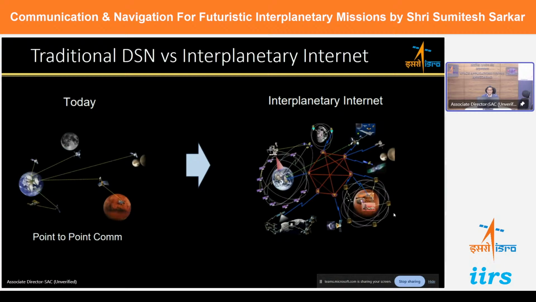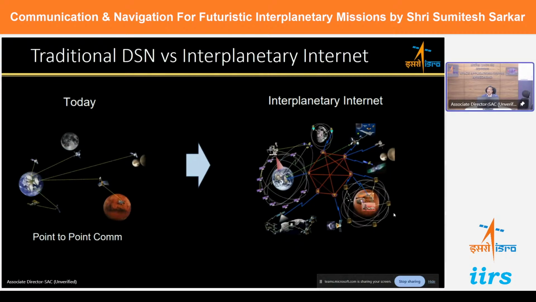It is a huge antenna system, and with that we get good coverage in deep space. So this is the network we have today.